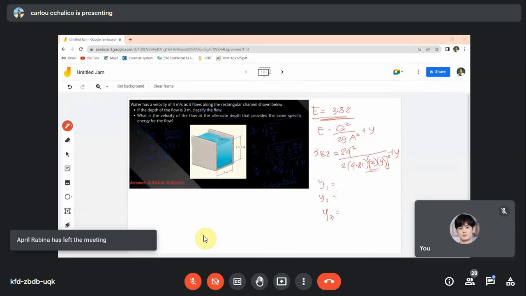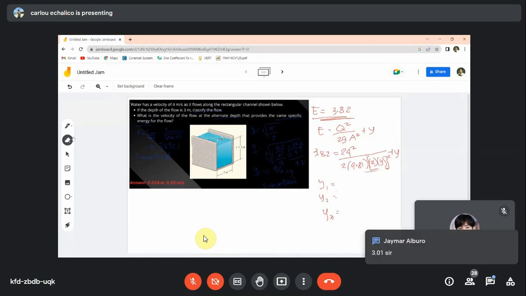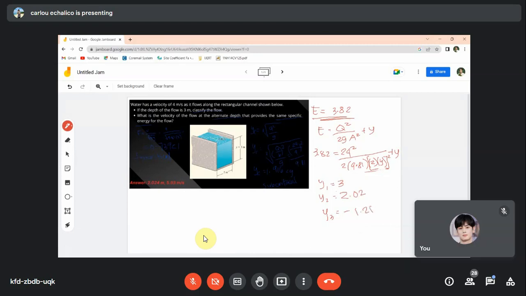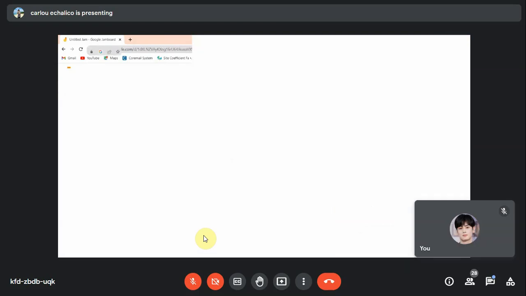3, 2.02 and negative 1.21. Very good. So nakita na ko din nag-solve ni si Alburo.